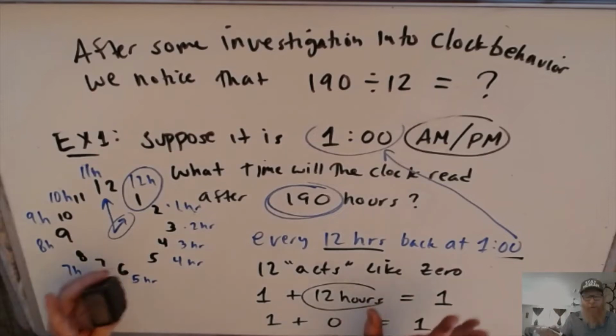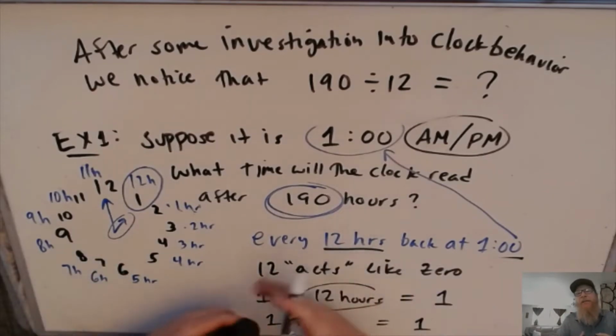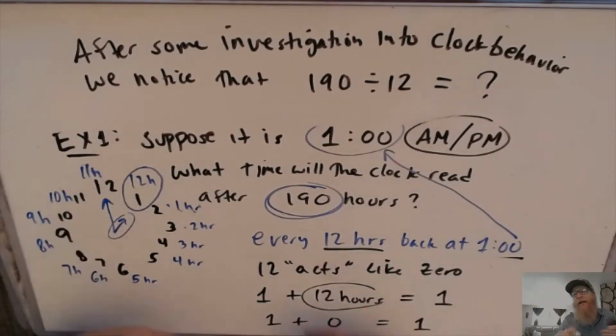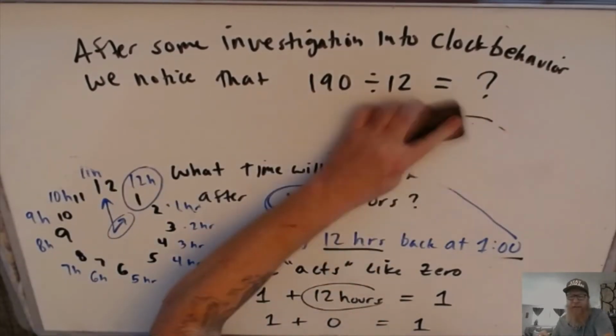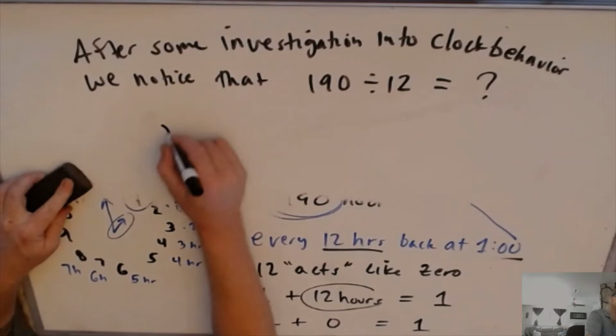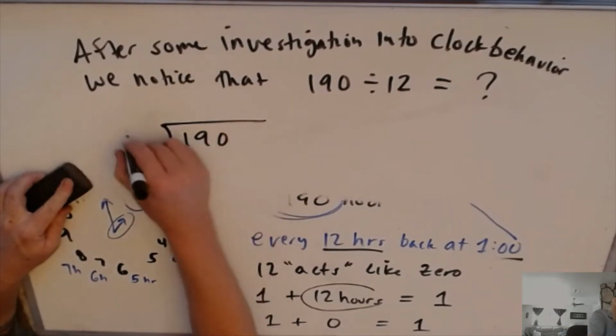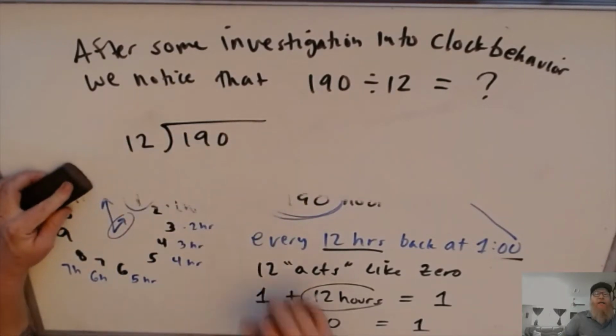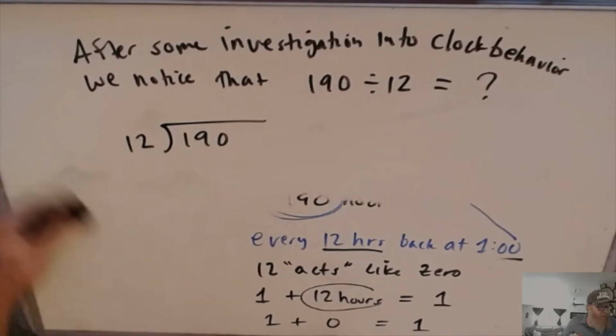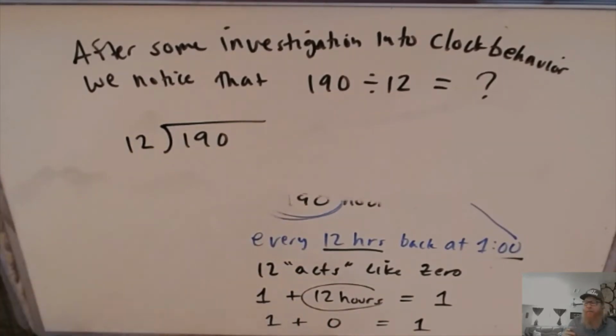Don't use a calculator, because a calculator is going to give you a decimal, and that decimal is not going to help you at all. So you're going to have to do it the old-fashioned way.